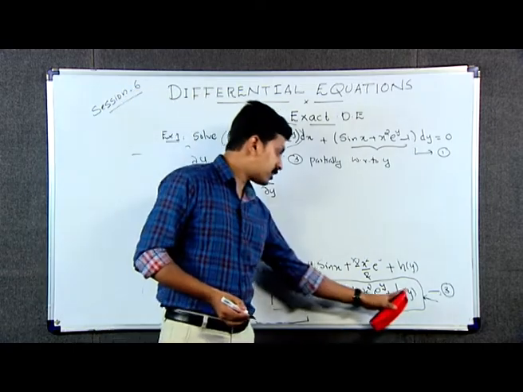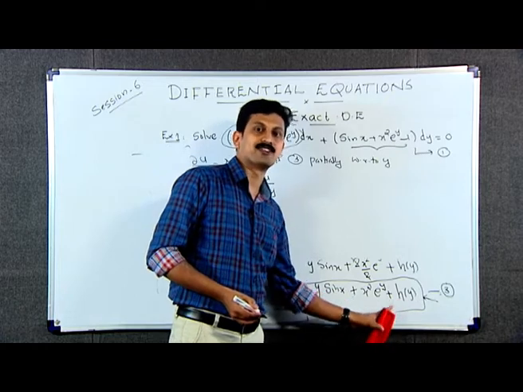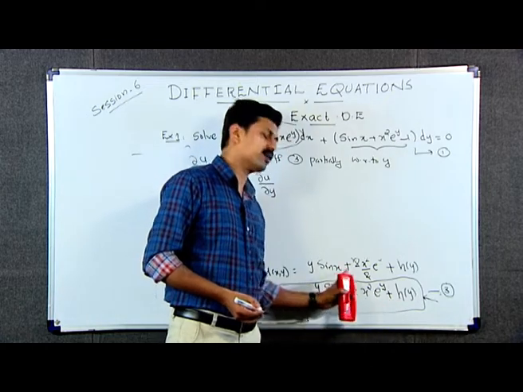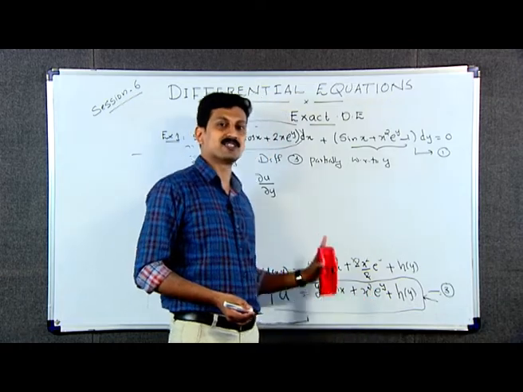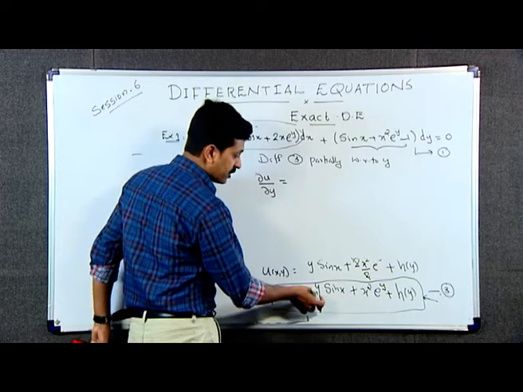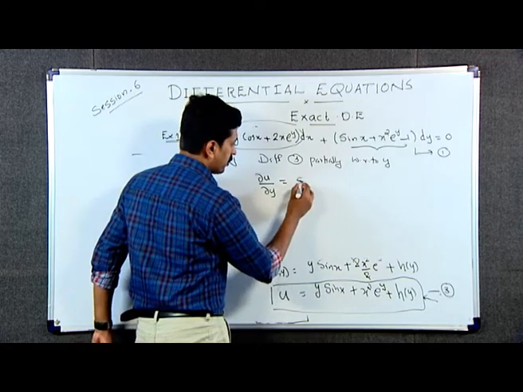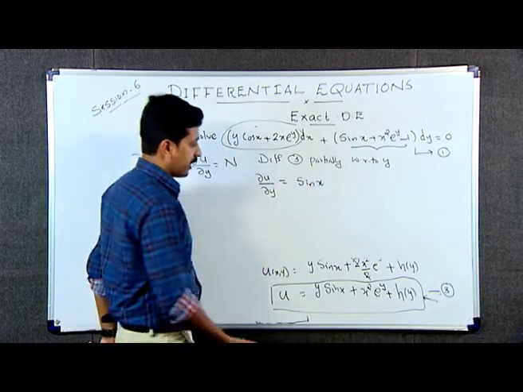While differentiating a function partially with respect to y, we treat x, or the functions involving x, as a constant. All the terms which involve x we treat as a constant. So here sin x is a constant, and we differentiate only y, therefore the derivative of y is 1, and sin x remains.